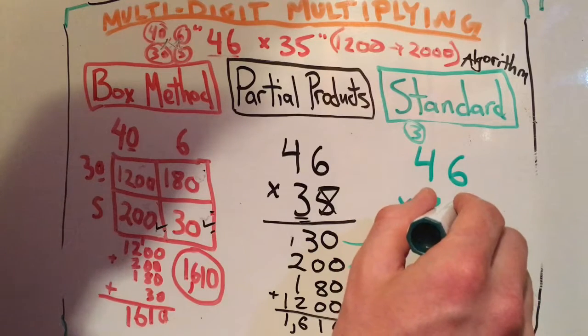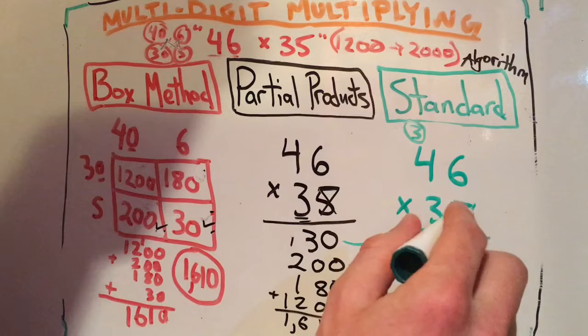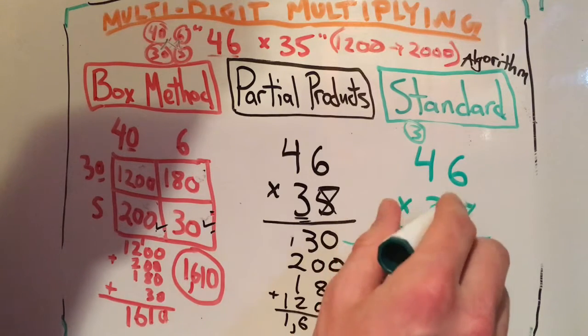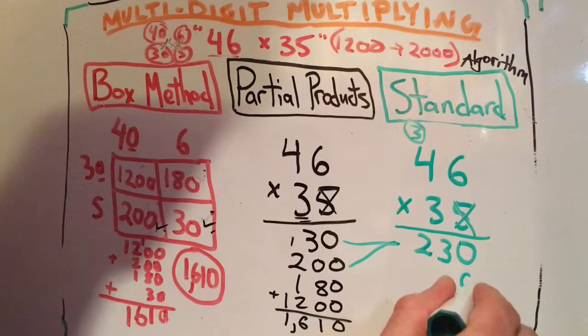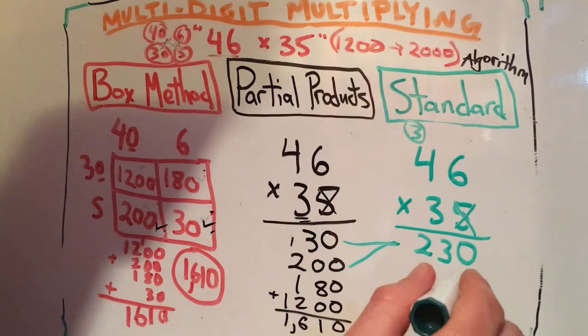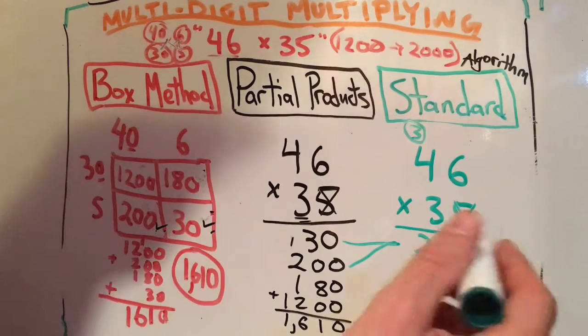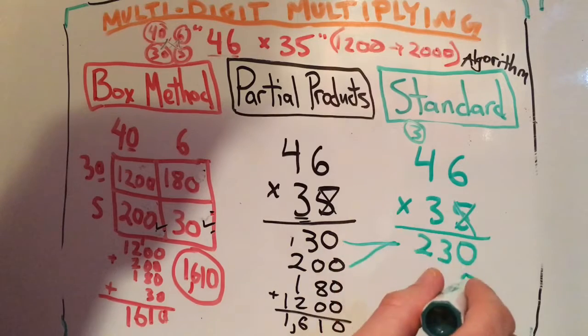Now we're done with our 5, so we basically have nothing here. Although this is a 30, so some people like to say we have a 0 there. Everything we multiply the 3 by is actually multiplied by 30, so they put a 0 here as a placeholder. And I like to think of it as a reminder that this is 30.